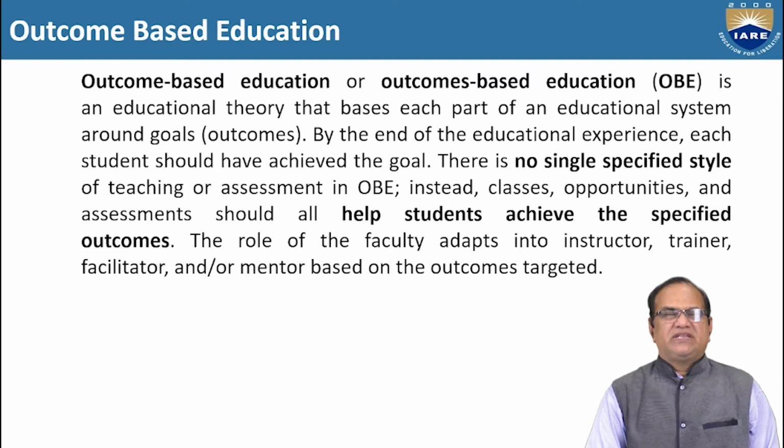Means in this education system, the goals are set by the faculty of that course, and these goals are to be measurable and attainable. By the end of the educational experience, each student should have achieved the given goal.